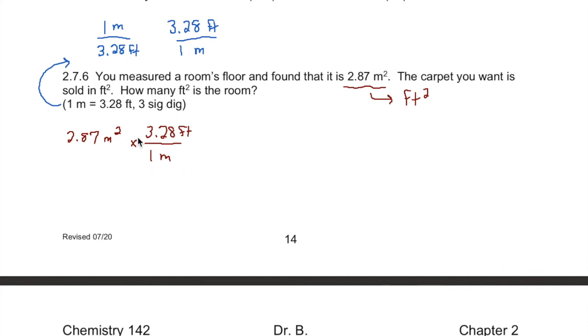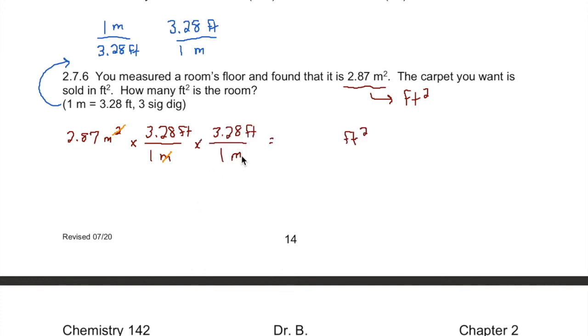If we only use one conversion factor, it will cancel one of the meters. Meters squared is meters times meters. We're only canceling one of those. So if we just multiplied this once, the units we would end up with would be meter feet. And we don't want meter feet, we want feet squared. So we're going to have to do this twice.